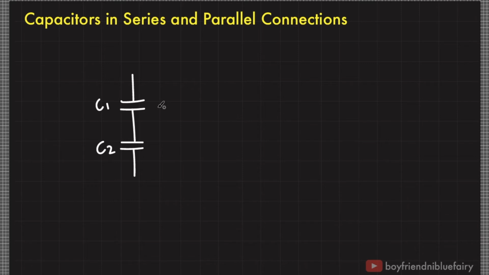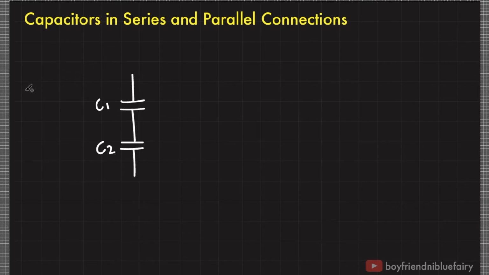Consider these two capacitors. This capacitor here has a capacitance of C sub 1, and this capacitor at the bottom has a capacitance of C sub 2. When any electric components are connected in such a way that only one current passes through them, they are connected in series. In circuit analysis, it is easier to do calculations when we calculate the equivalent value of two similar components.